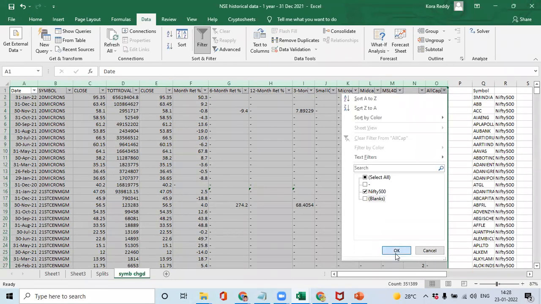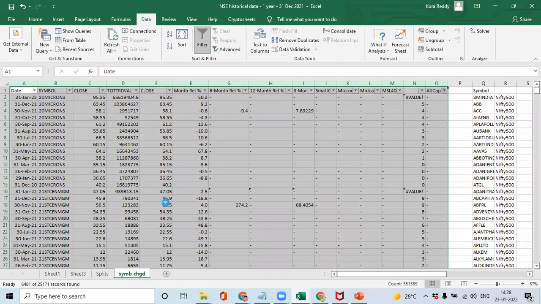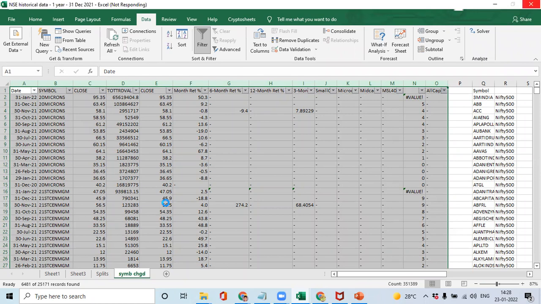If I just filter this, it's a bit slow because there's a VLOOKUP happening. It takes about a minute or two to come out of the round. So you have to wait. There's nothing you can do about it.